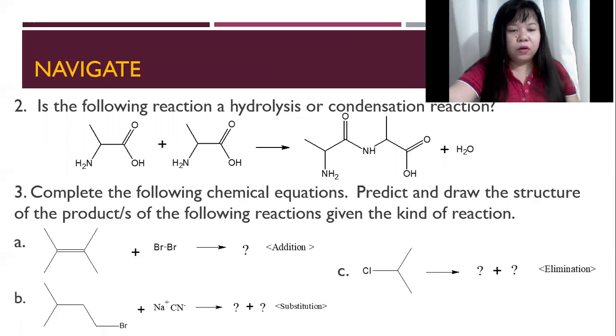Okay. For this part, because you're replacing bromine or bromide, that would be your leaving group. So it would have to be substituted with a different ion of the same kind. And then for letter C, you have this, and we're supposed to do elimination.